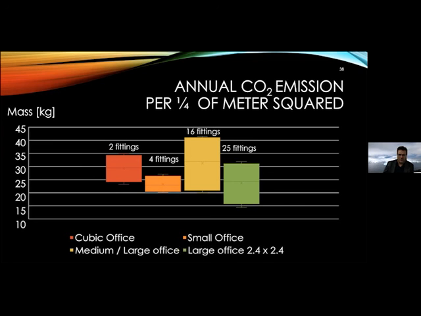Now I'm showing a CO2 emission per meter square, in fact, 1/4. So in conclusion, I would probably confirm that if you look into the small offices where you've got only 2 fittings, generally you will be emitting more CO2 per year. Okay, your mass of the gas being produced due to the generation of the electrical power will be higher.